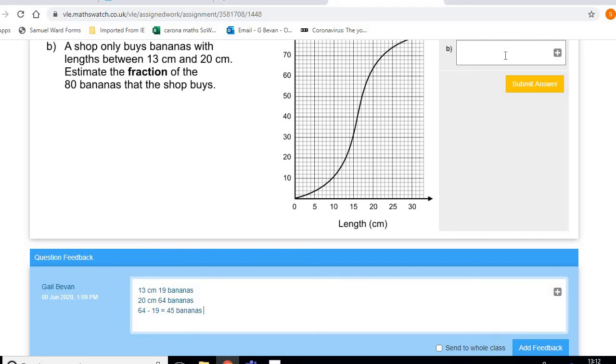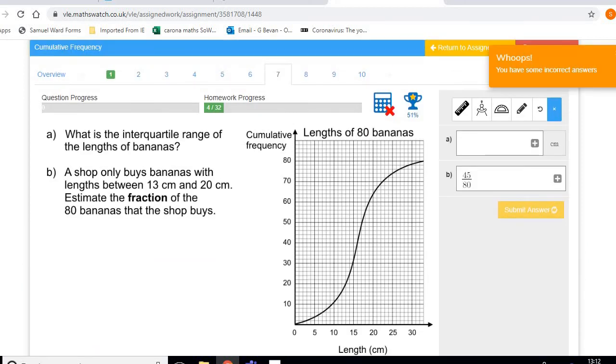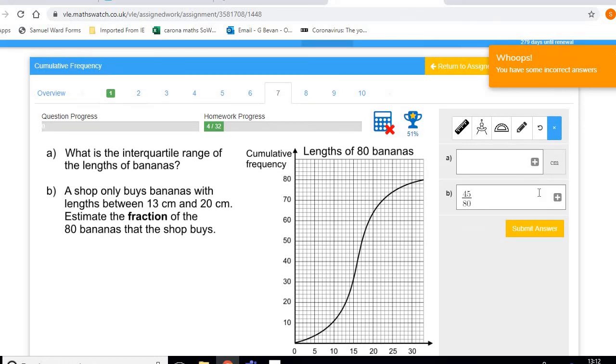You could simplify that if you wanted. Let's see if it's happy with 45 out of 80. Maybe it wants it to be simplified. Should we try simplifying it? Divide both by 5. Oh, it's because I haven't filled in the other question. I haven't done this top question, so it's not giving me the marks for this one.